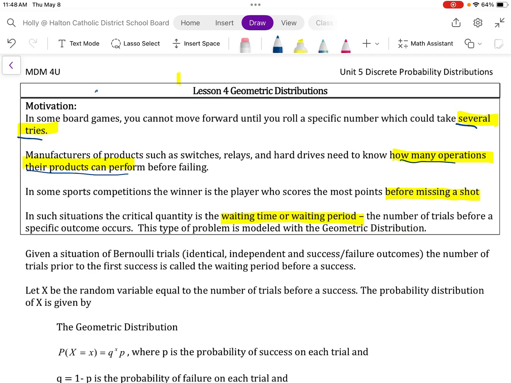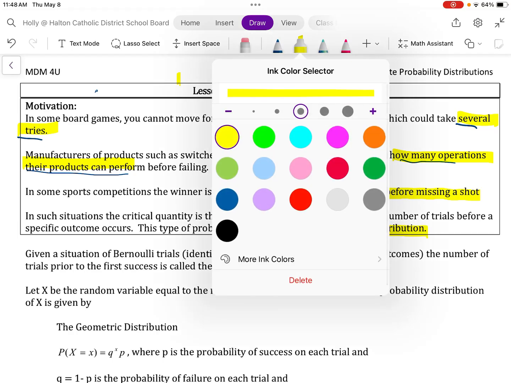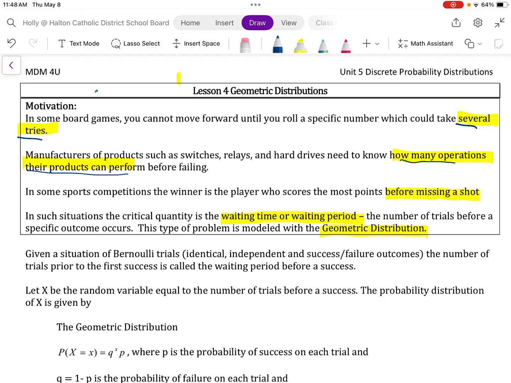So if you look above, all these have in common that something has to happen before a desired outcome or failure or whatever that checkpoint is, the number of trials before a specific outcome occurs. This type of problem is modeled with geometric. So with all our other lessons, we were looking at the probability, different possibilities like binomial distributions, Bernoulli trials.